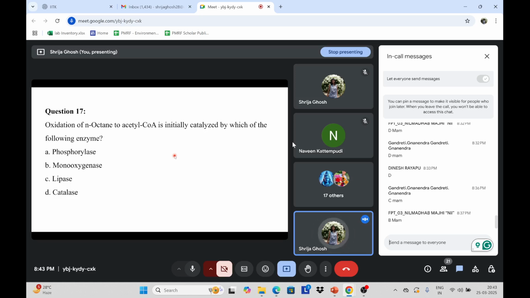Oxidation of N-octane to acetyl coenzyme A is catalyzed by which of the following enzymes? Phosphorylase, monooxygenase, lipase, and catalase. Write your answers in the chat box.